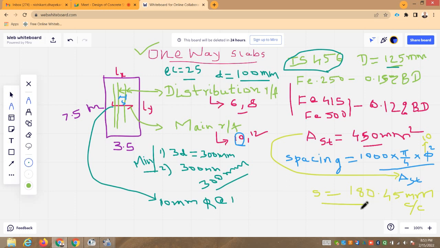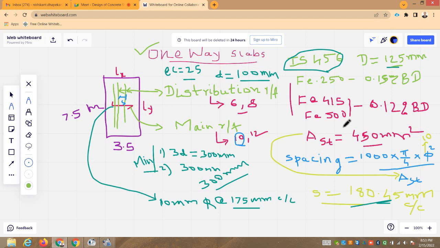Calculations you have got 180, so provide less than that to be on the safer side. 175 mm center to center. So it should be in the multiple of 5 or 25. In this way you have provided the steel here in one-way slab panel as a main reinforcement.